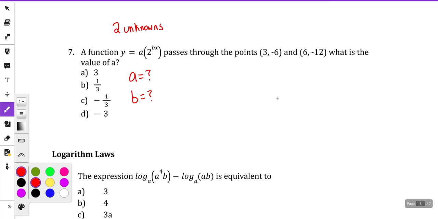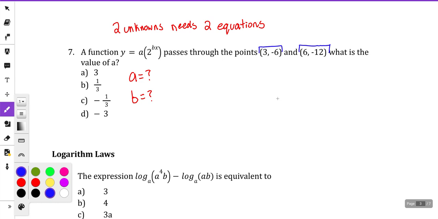Algebraically, to find 2 unknowns, you would need 2 points to create 2 equations, and then use the systems of equations to solve it. That's exactly what we're going to do here. So 2 unknowns needs 2 equations. That's why they gave you 2 points to create 2 different equations.